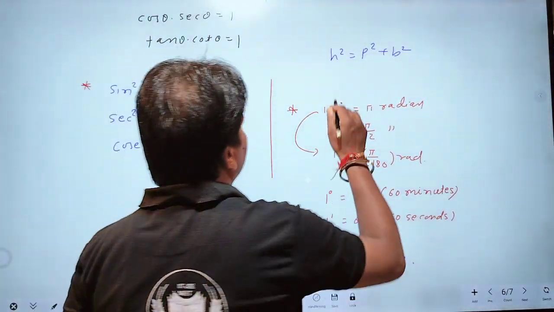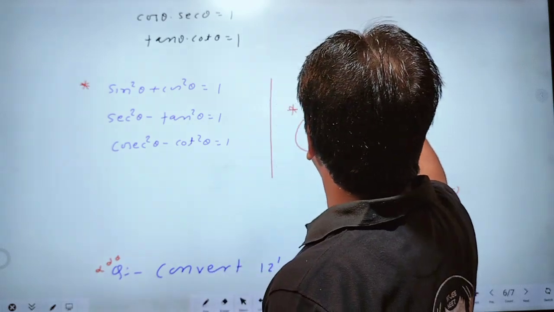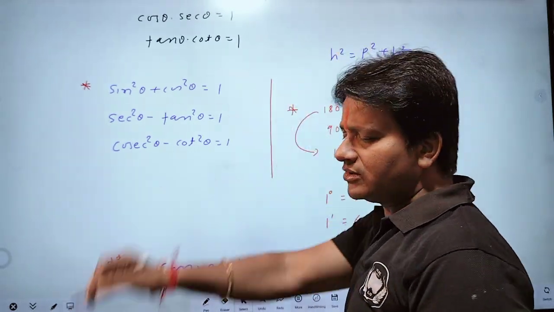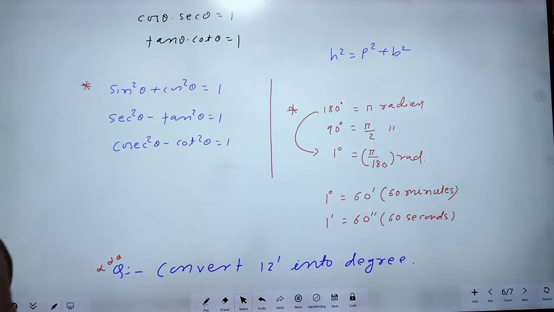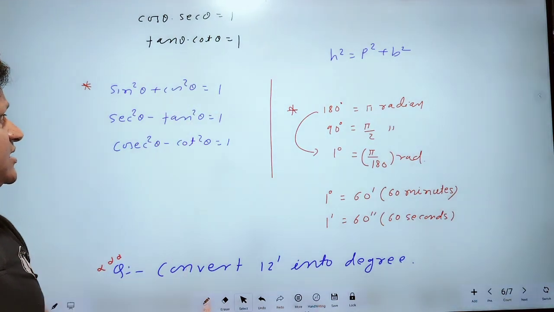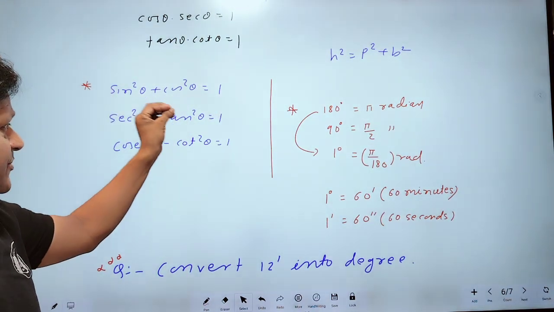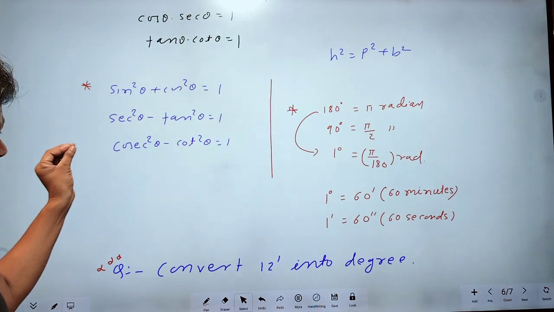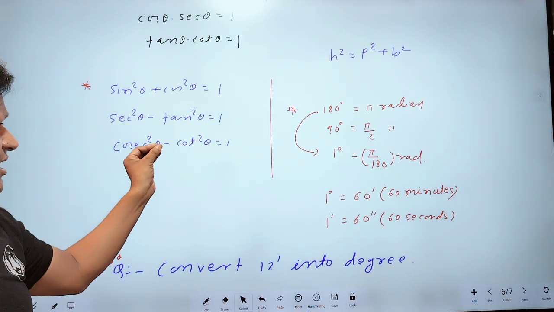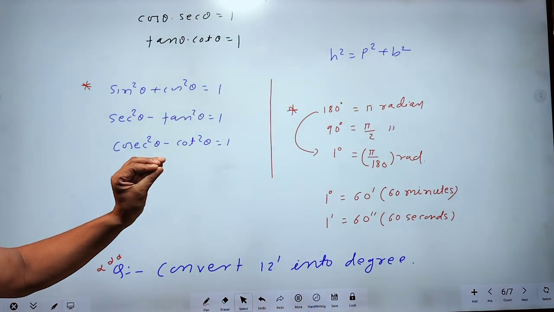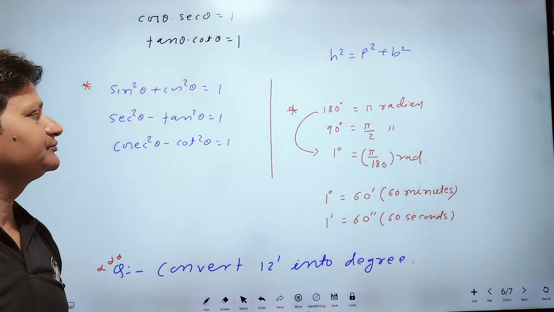According to Pythagoras theorem, square of hypotenuse is equal to square of perpendicular plus square of base. Sin square theta plus cos square theta is equal to 1. Sec square theta minus tan square theta is equal to 1. Cosec square theta minus cot square theta is equal to 1.